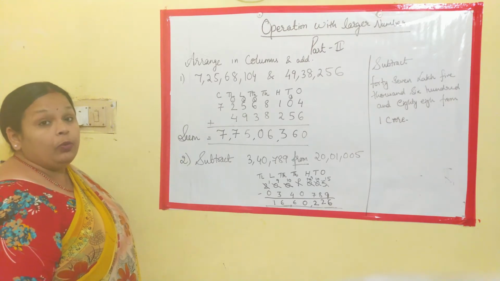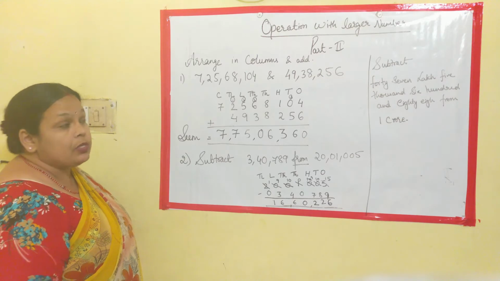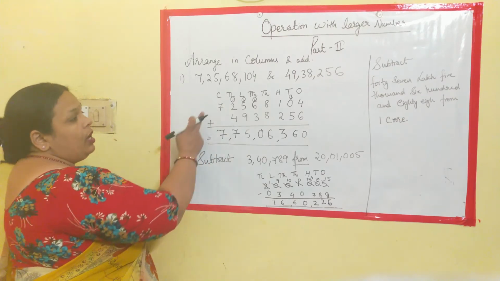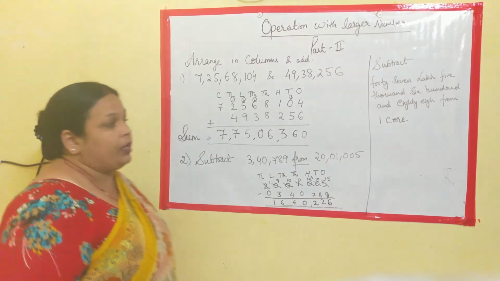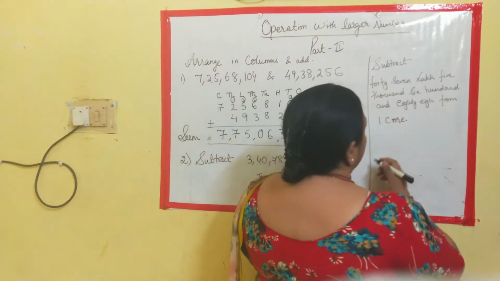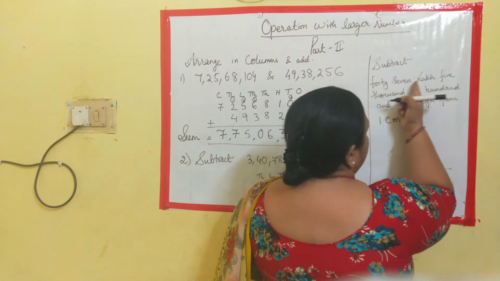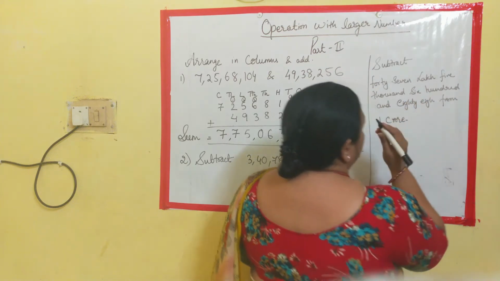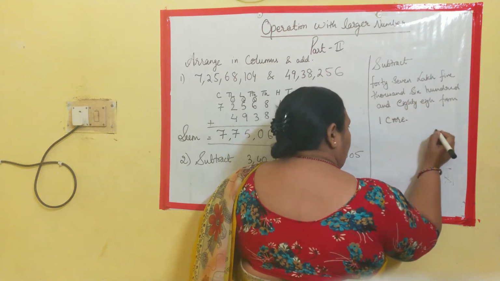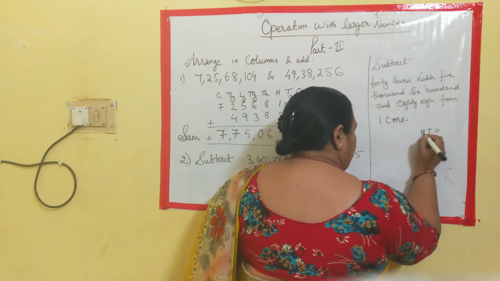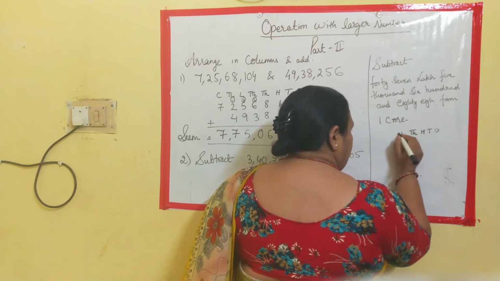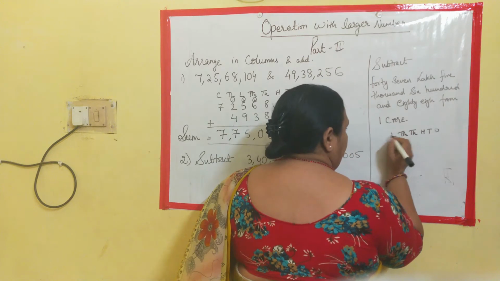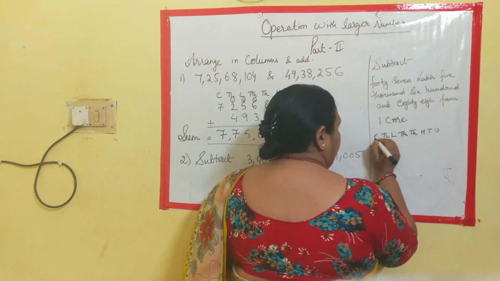So what we will do is write the number first in this form, then arrange them and then do the subtraction. Writing this number, that is 47 lakh 5,688. So ones, tens, hundreds, thousand, 10,000, lakh, 10 lakh and crore.